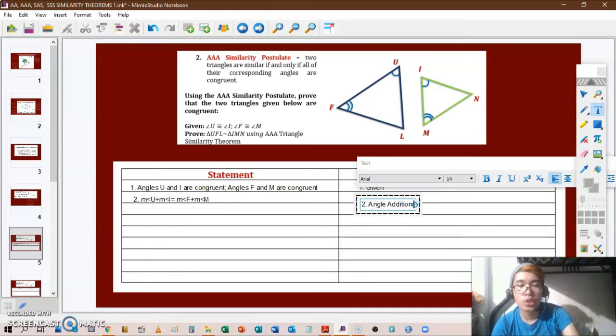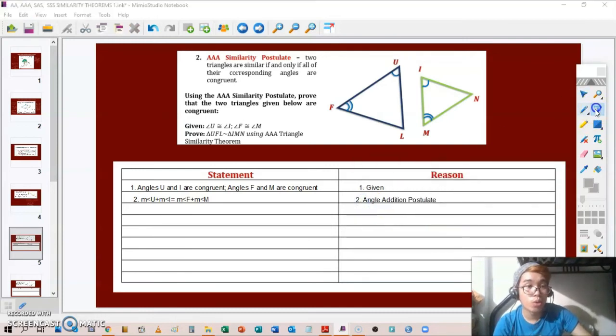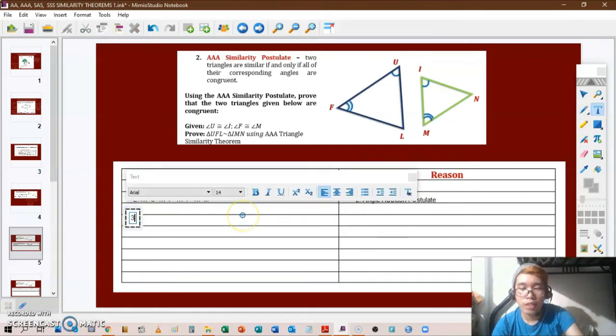The reason for number 2 can be the angle addition postulate. And what can we notice with our two triangles? As with all triangles, the total interior angle measurement is equal to 180 degrees. So we can write the measure of angle F plus the measure of angle U plus the measure of angle L is equal to 180 degrees.